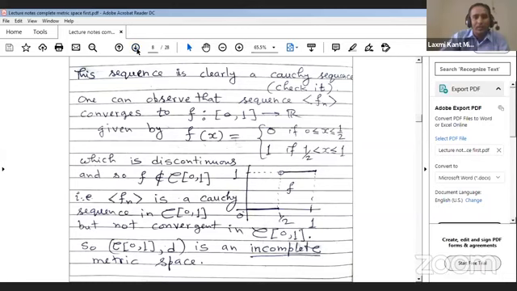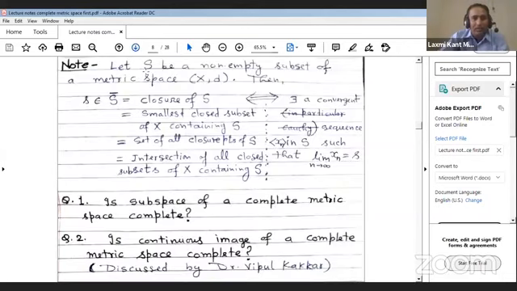Next, note that if S is a non-empty subset of a metric space (X, d), then we take any element in the closure of S. What is the closure of S?